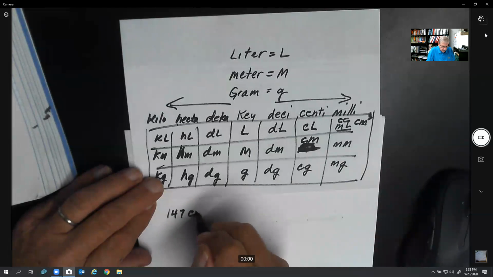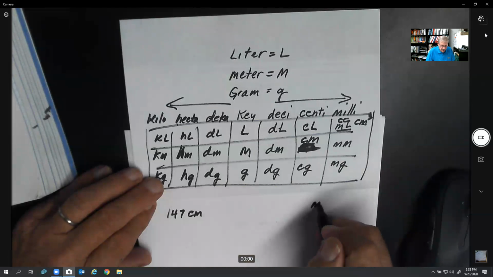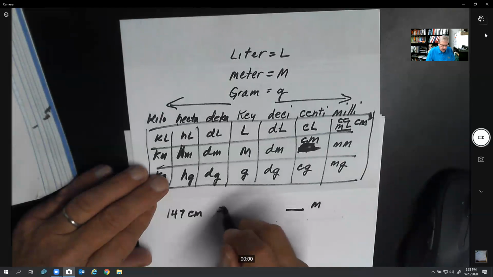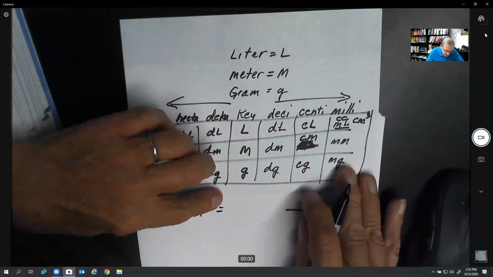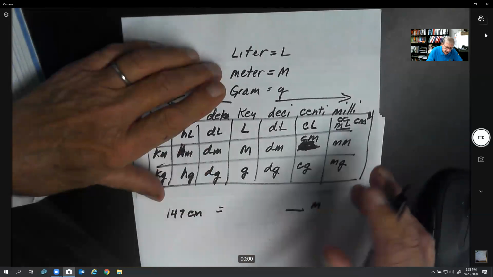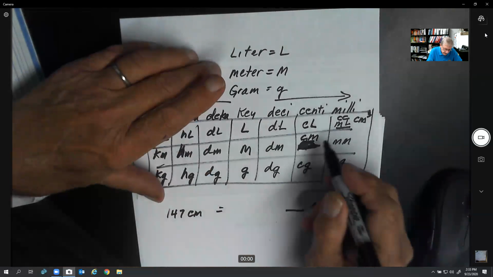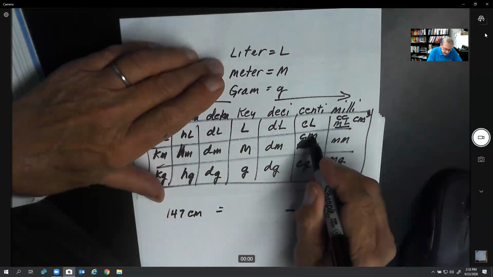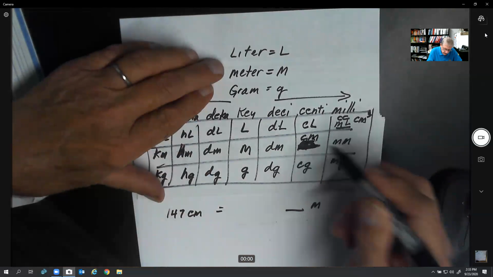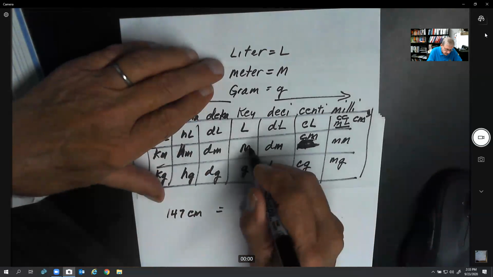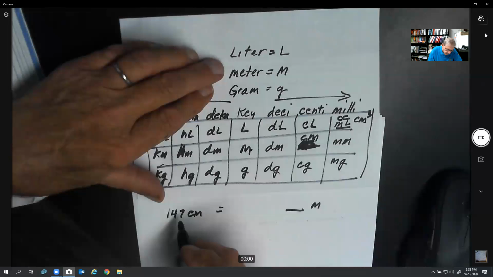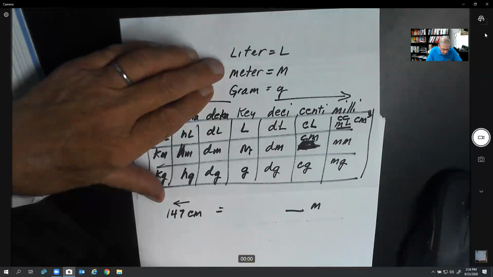I got 147 centimeters, and I want to change to meters. And maybe some of you are pretty good at this, and maybe some aren't. So I'm right here at centimeters, 147, and I want to move to meters, 1, 2. So I'm going to move the decimal point in that direction 2 places.